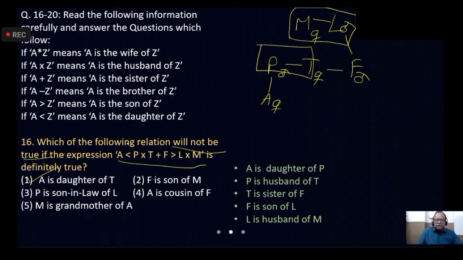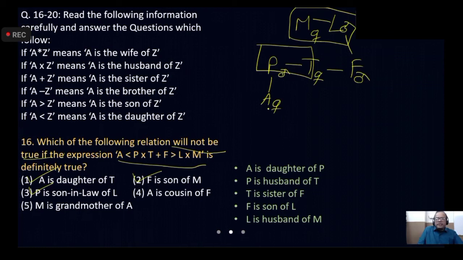So 1 is true, so that cannot be the answer. 2, F is son of M. It is clearly evident, so 2 is true, so cannot be the answer. P is son-in-law of L. L is here, L's daughter is T and T's husband is P. So P is son-in-law of L. This is also true, so cannot be the answer.